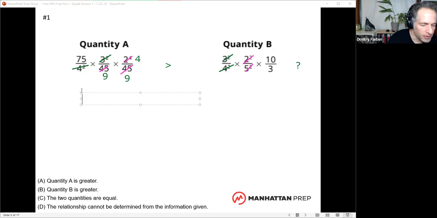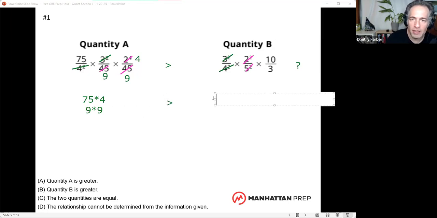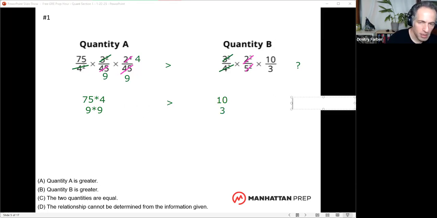I might say, okay, so I have 75 times four over 9 times 9. And that's not the actual value of the left-hand side, but it's still going to allow me to make the comparison. If that's bigger than 10 over 3, then A wins. And so I can try to eyeball that, or I can keep doing some more cancellations, right?